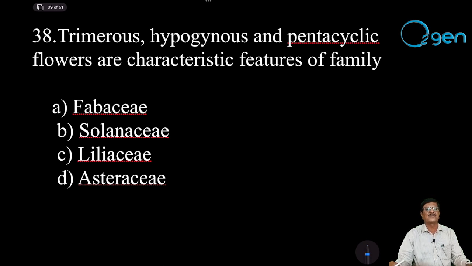Hypogynous, floral parts are below the ovary, and pentacyclic, arranged in 5 circles. These are characteristic of the monocot family, that is option C, Liliaceae. Fabaceae, Solanaceae and Asteraceae are dicot families.